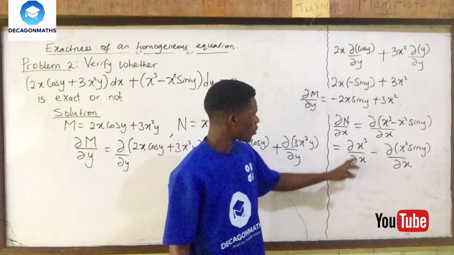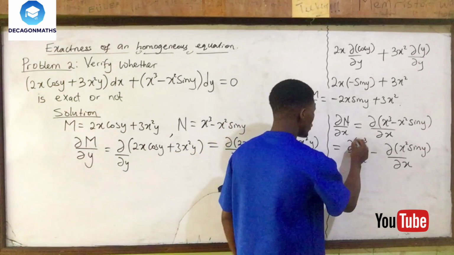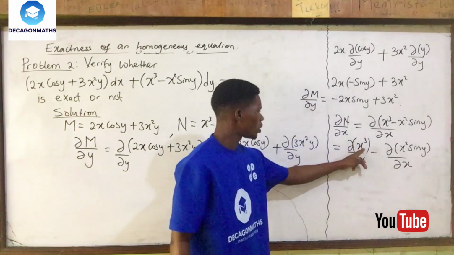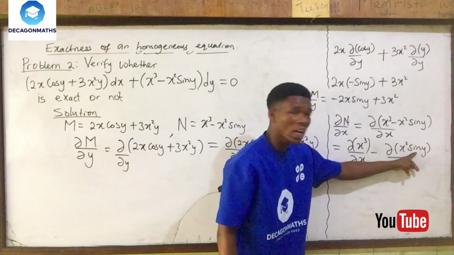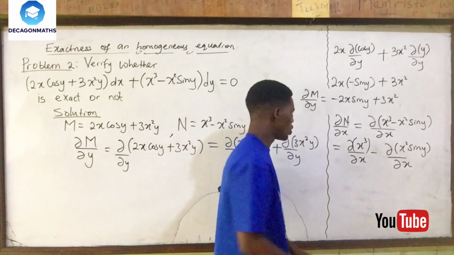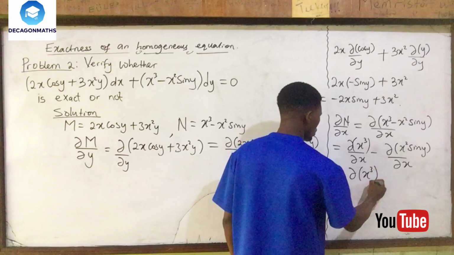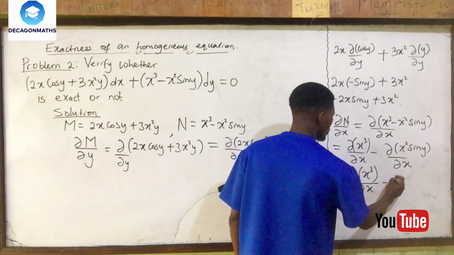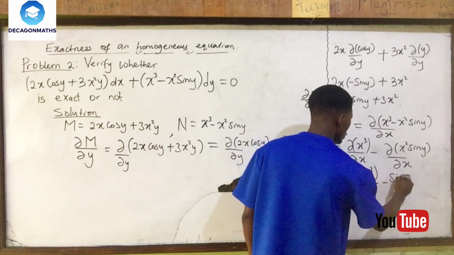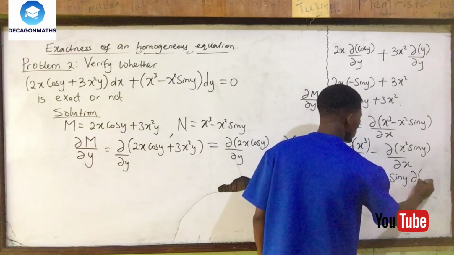Considering the first one, we don't have any y, so we leave it like this. For this one, we bring out the sin y because it's a constant.